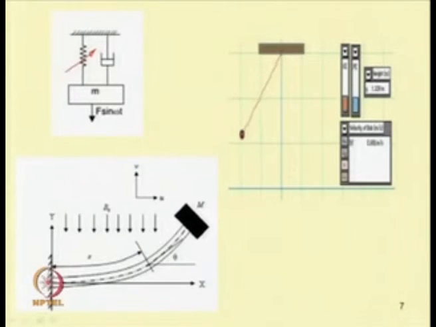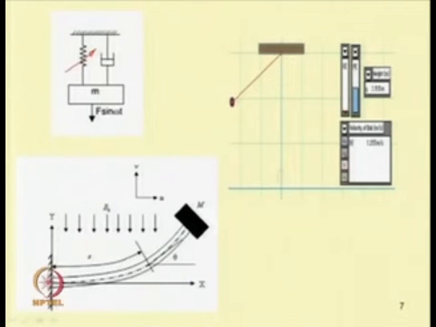So, let us start from the equilibrium position. At this equilibrium position, all the energy is kinetic energy. Let us take the mass up to this, and then when it is released, the potential energy goes on decreasing and the kinetic energy goes on increasing.